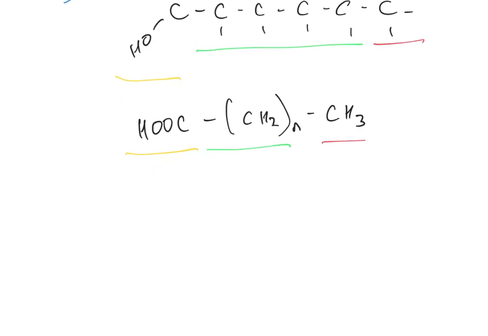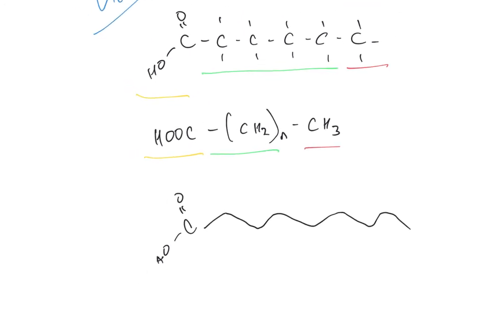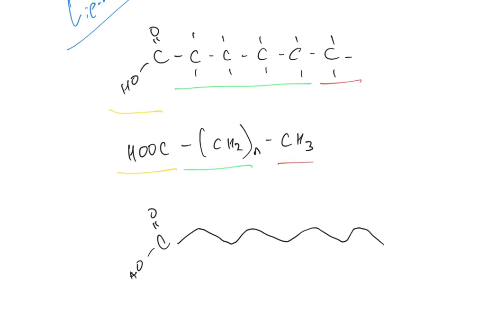The third way to draw this is C double bond O, O, H, and then you go CH, CH, CH, CH, CH, CH. All of these are correct. That's all correct. This is saturated.